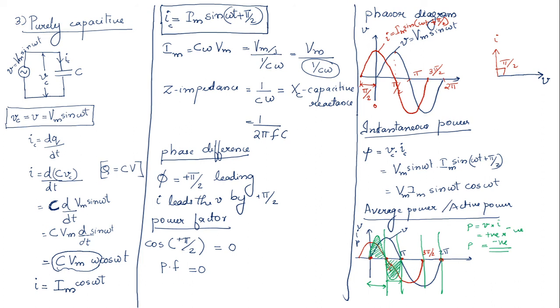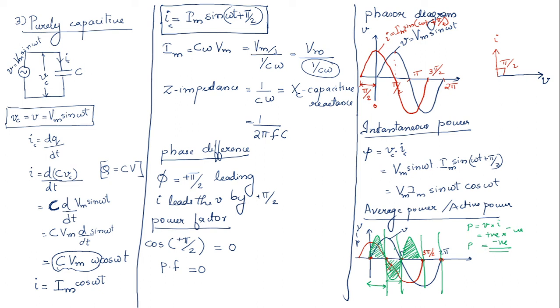Now let's move on to the next interval, where voltage and current both take negative values. Minus into minus, since power is voltage into current, will give a positive value. So here you can see positive values are taken for the power.